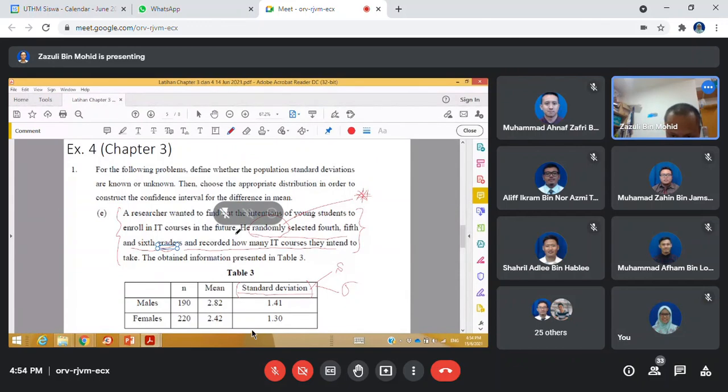So, dia ada kata ini sample ke tak sample ke ada tak?